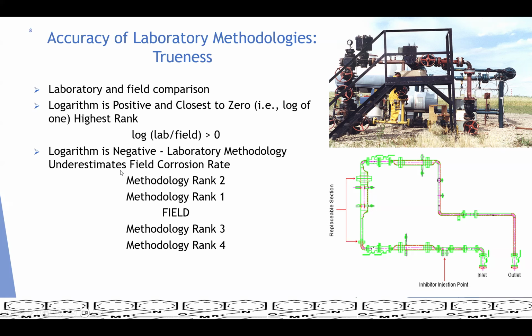And if the lab experiment underestimates the corrosion rate, that is, it qualifies the inhibitor in the laboratory, but the inhibitor failed in the field, which is not a good condition, so that methodology is ranked as three. And if it is far away from the field, it is considered as four. So this is how in the 1990s JIP, CanMet and a group of experts defined lab experiments in terms of trueness.